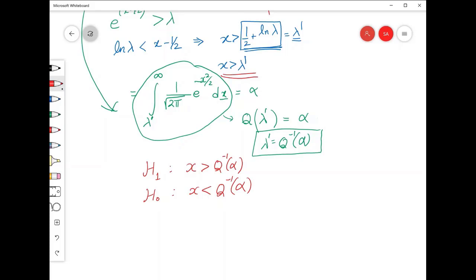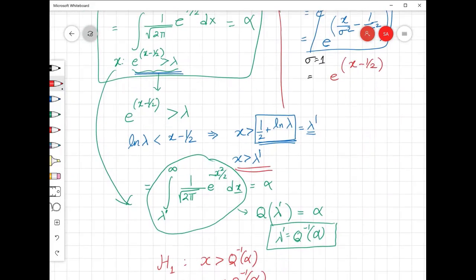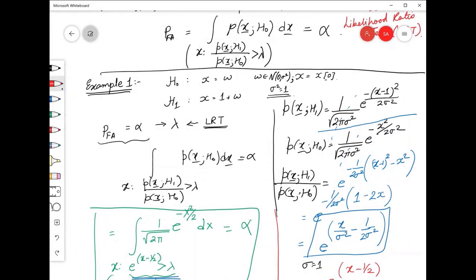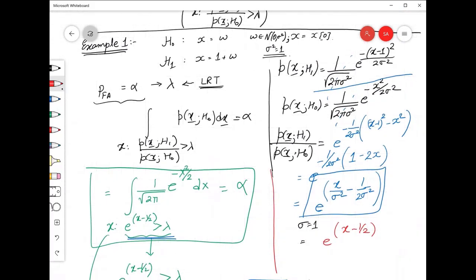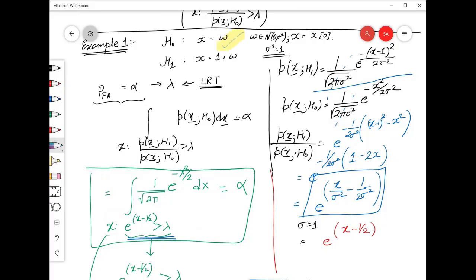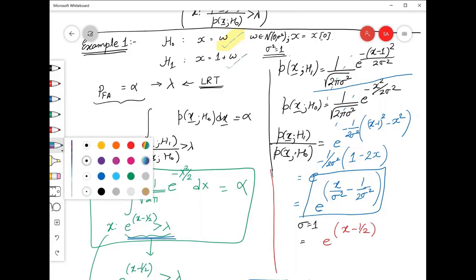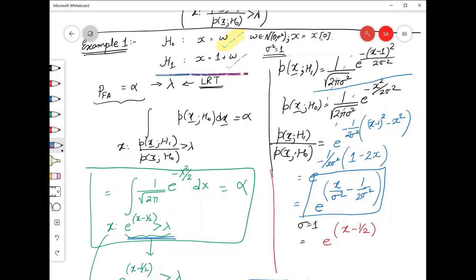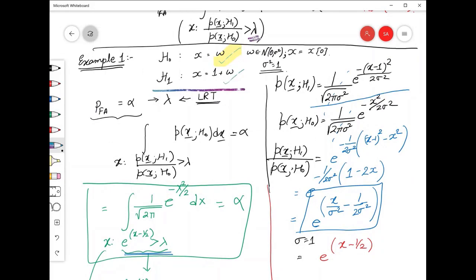All right, so let me do a quick revision of what we did in this particular case. This was our problem. We had two hypotheses, h0 and h1, which are given. I first have to figure out what is going to be my lambda here.